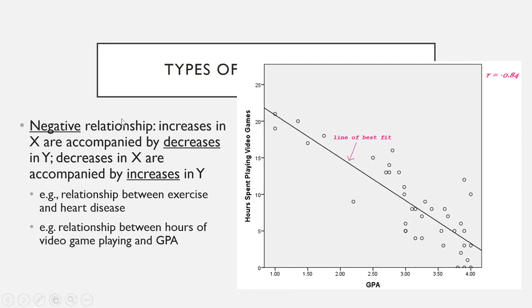The difference in visually assessing this scatter plot as opposed to the one on the previous slide is that this best fit line is sloping downwards as you move from left to right, indicating that as levels of video games go up, you see GPA being lower. And as video games go down, you see GPA being higher. Again, this is a negative relationship. There is a correlation there. It's just that it's in the opposite direction of the ones that we saw in the previous slide.